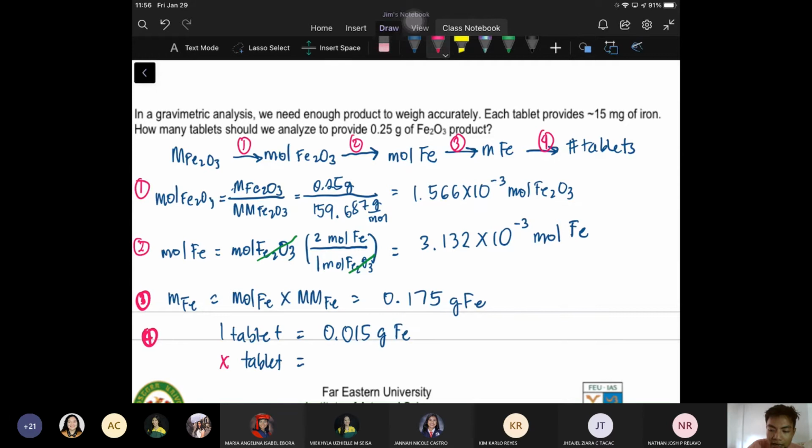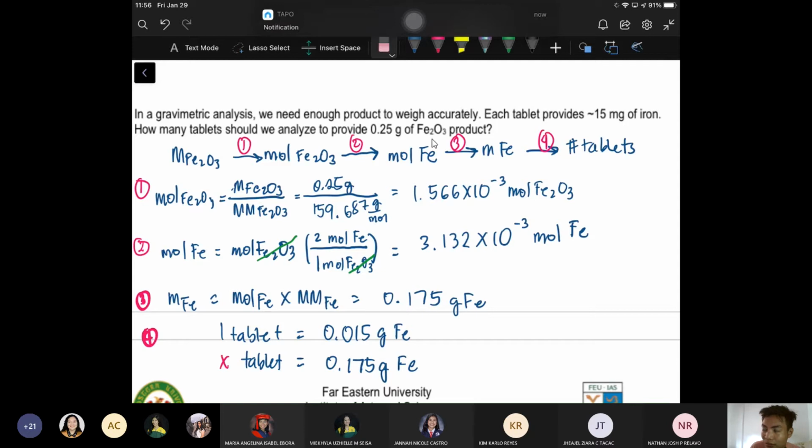Ito kasi yung kailangan sa reaction, di ba? Yan. So, ilang tablet yung katumbas sa ganyan? 0.175. So, yun yung question. Ilang tablets ang katumbas sa ganito karaming iron? Kasi yung ganitong karaming iron, katumbas yon sa ganito karaming iron 3 oxide, which is needed.